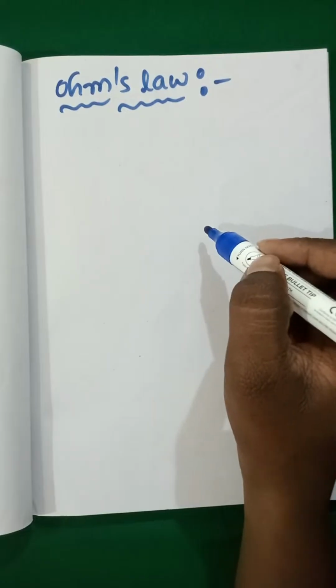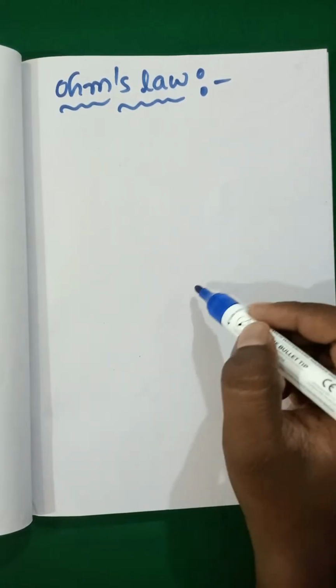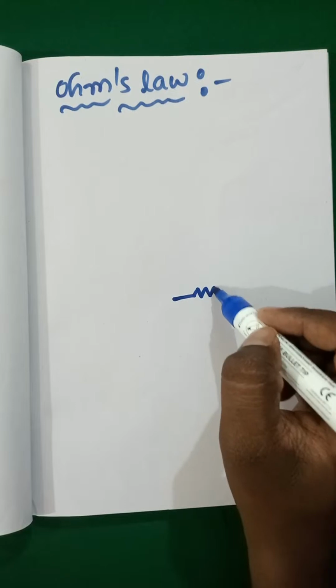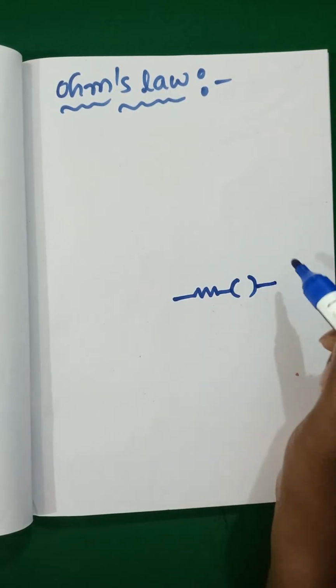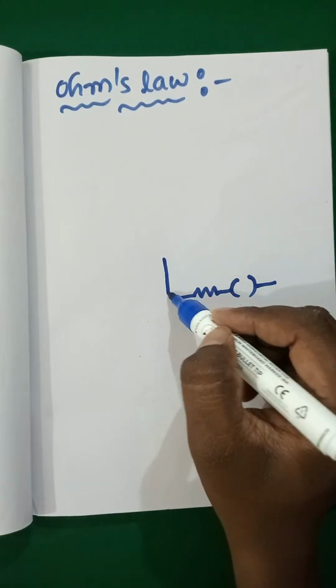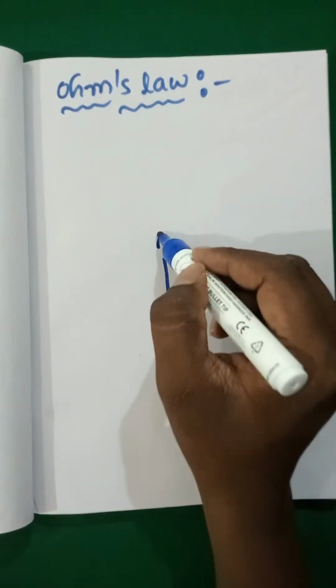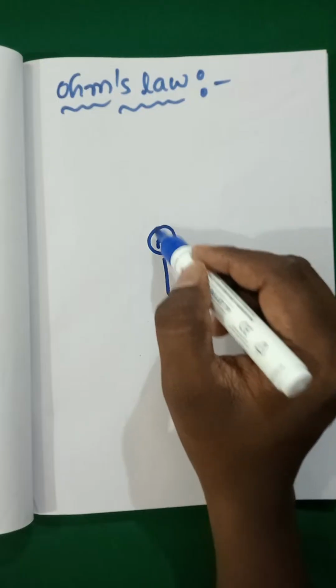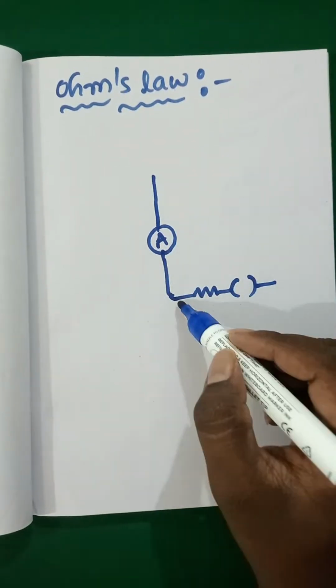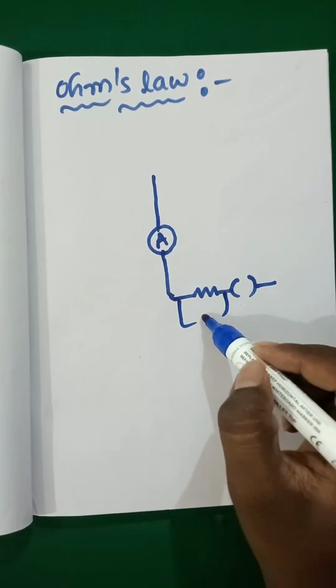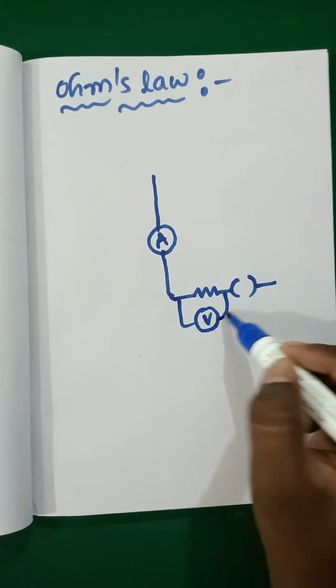This is a resistor, and I'm considering the switch, and here I'm taking the ammeter. I'm taking it like this. Here across it, I'm connecting the voltmeter.